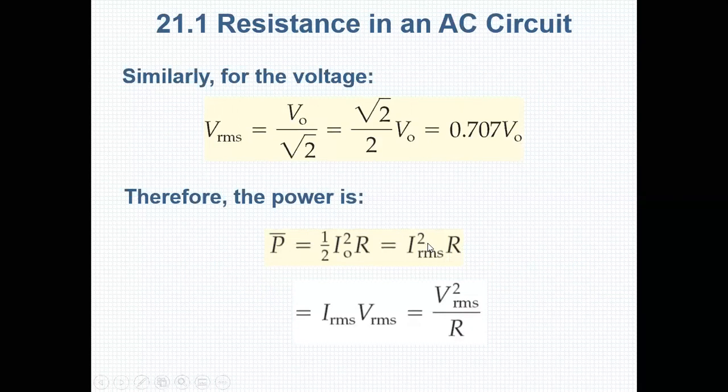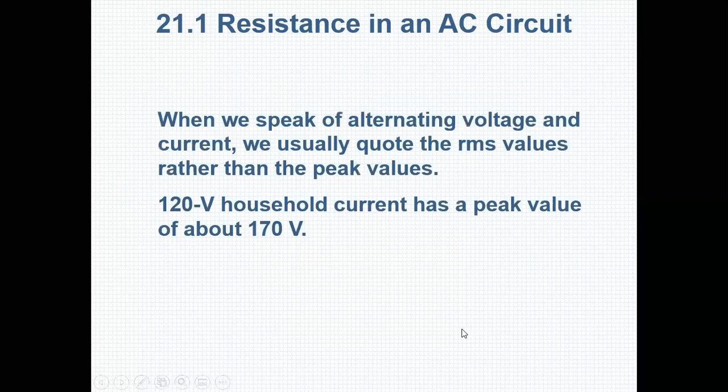The average power of the resistive AC circuit is equal to root mean square current times root mean square voltage, or the square of the root mean square voltage divided by resistance.